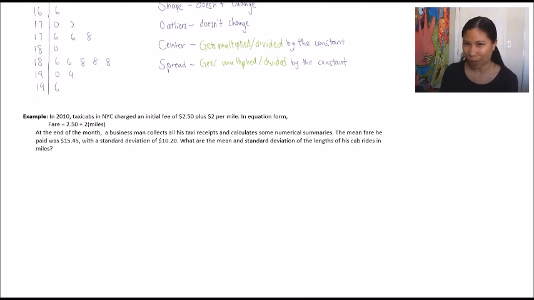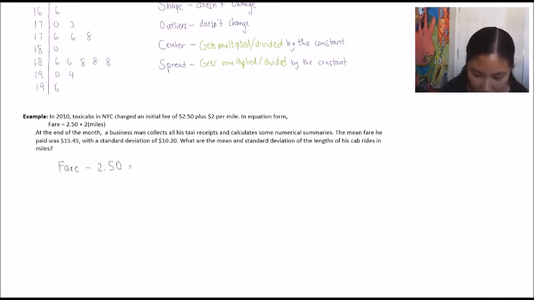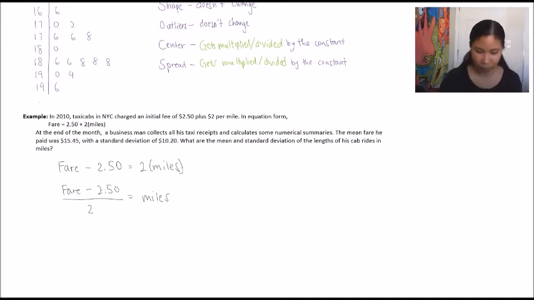So we're kind of working backwards here, because we know the mean and standard deviation in terms of the fare, but we're trying to figure out the mean and standard deviation of miles. So we can work this equation backwards to solve for miles instead. If I subtract 2.50 from both sides and then divide both sides by 2, I get that the miles is equal to the fare minus 2.50, divided by 2.